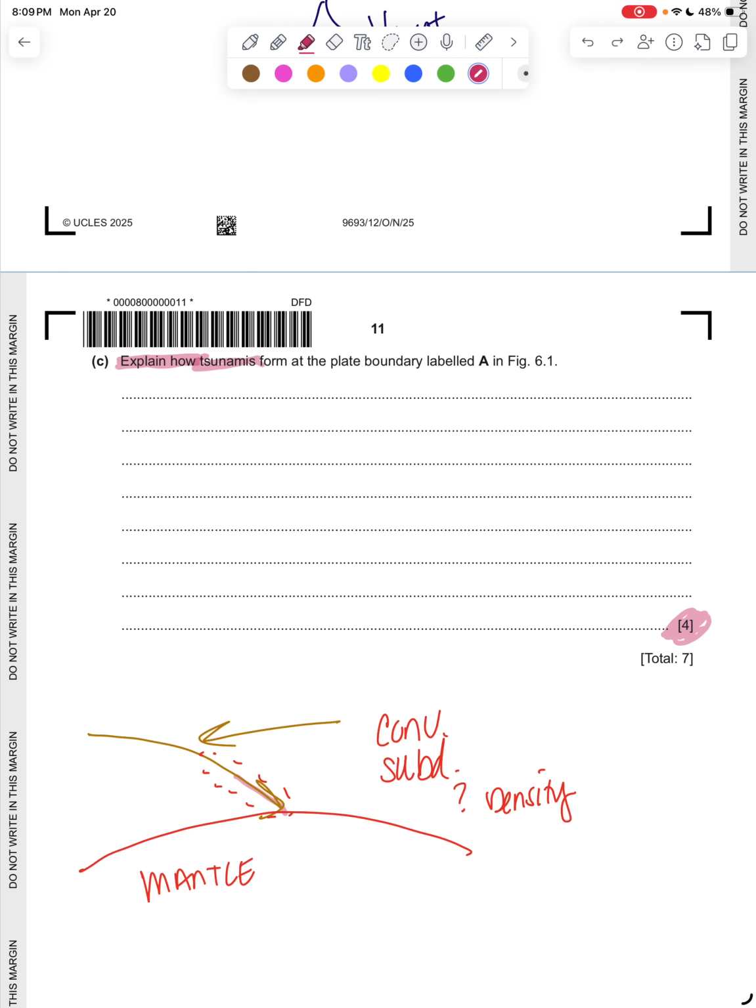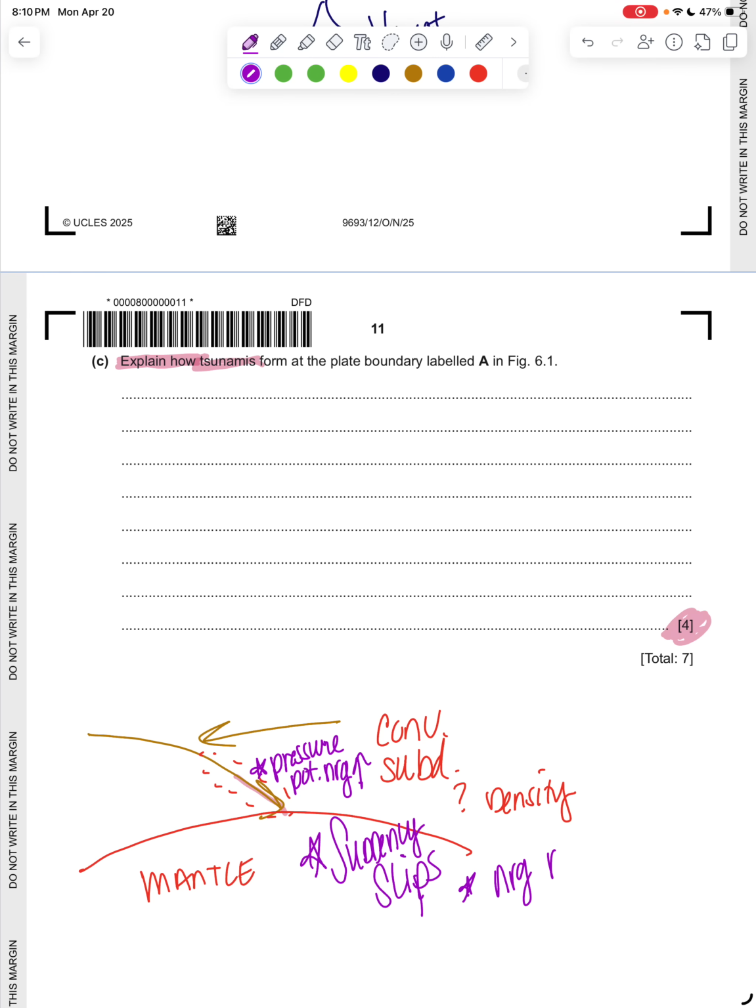We need to talk about pressure building up. Pressure, some energy, like potential energy. It's increasing. And then we need one plate suddenly slips. We need to talk about a lot of energy release suddenly.